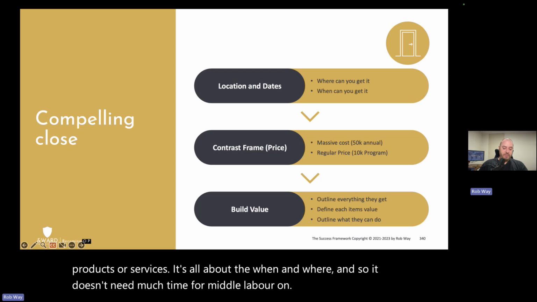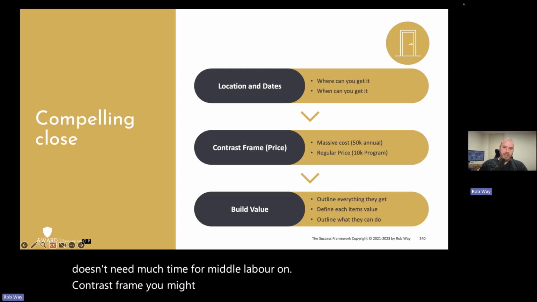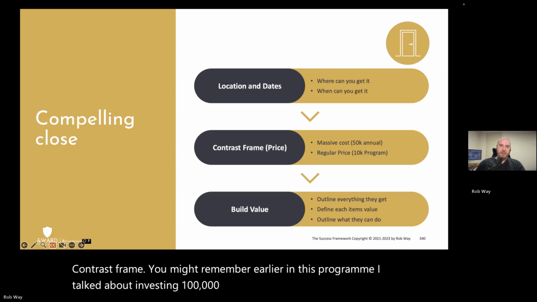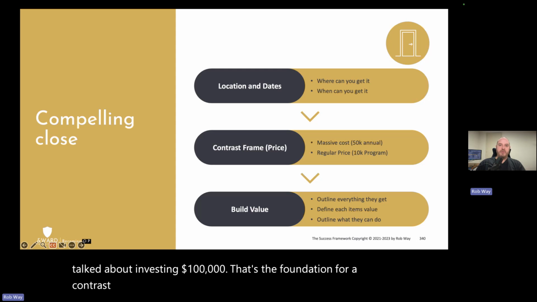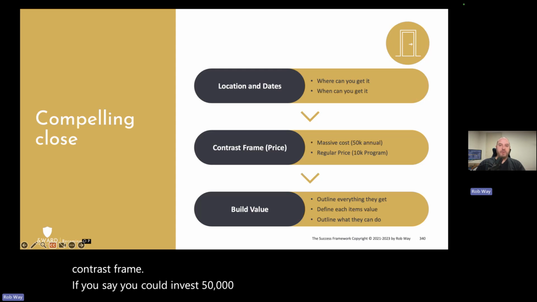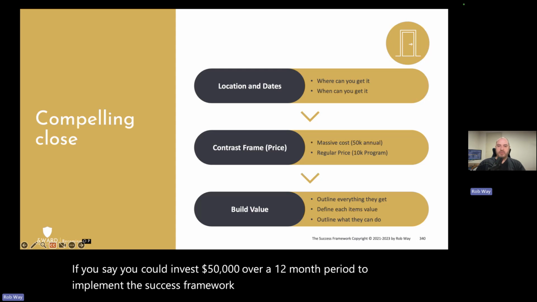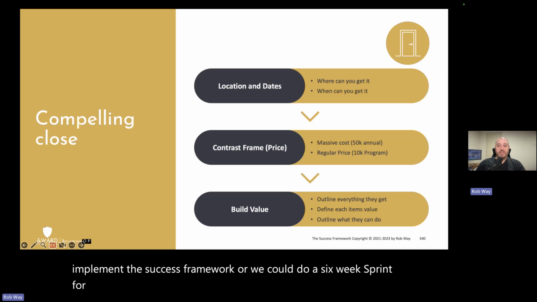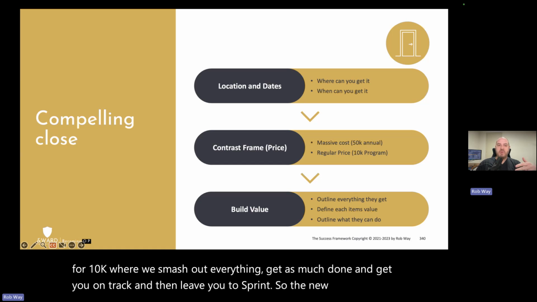Contrast frame. You might remember earlier in this program, I talked about investing $100,000. That's the foundation for a contrast frame. If you say you could invest $50,000 over a 12-month period to implement the success framework, or we could do a 6-week sprint for 10K where we smash out everything, get as much done and get you on track, and then leave you to sprint to the new financial year.